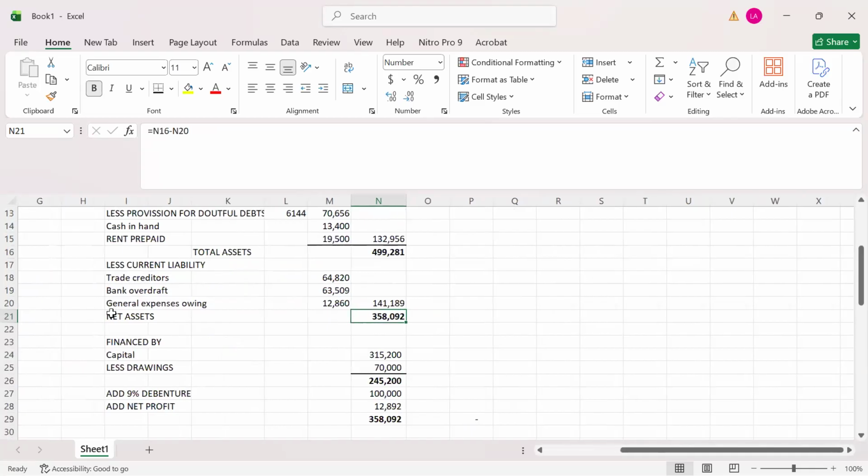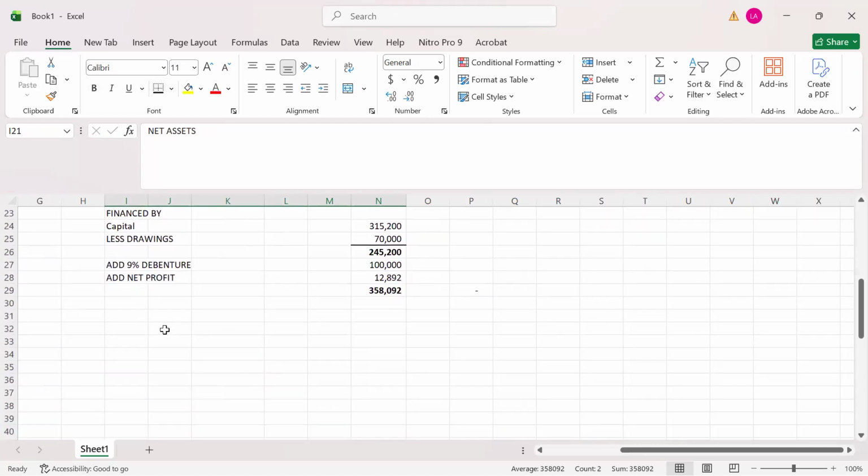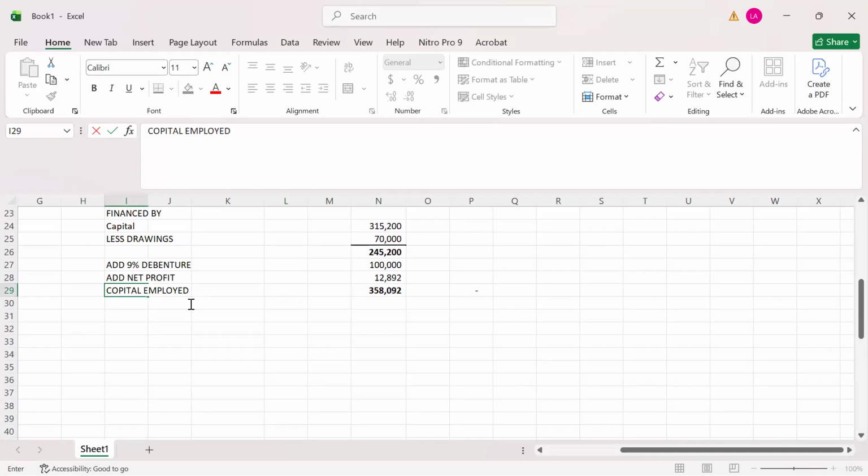The net assets should be equal to this figure. Should be equal to this one, we call it capital employed. The capital employed for running the business.